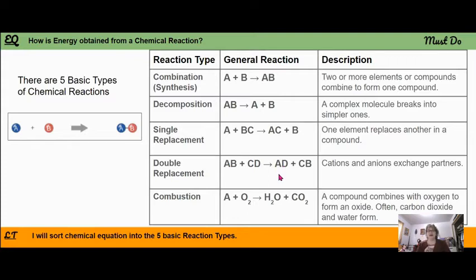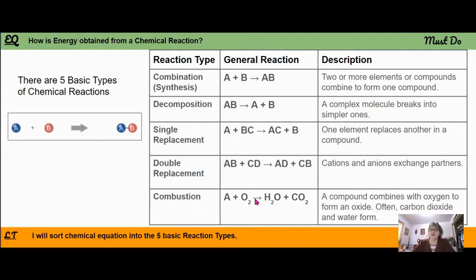The last one is combustion. Combustion always has to do with an element, usually a metal, but it doesn't have to be a metal, and we're going to add oxygen to that element. Normally, what will happen is it will catch fire. That's why we call it combustion.